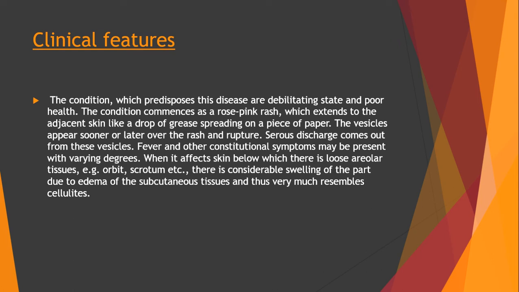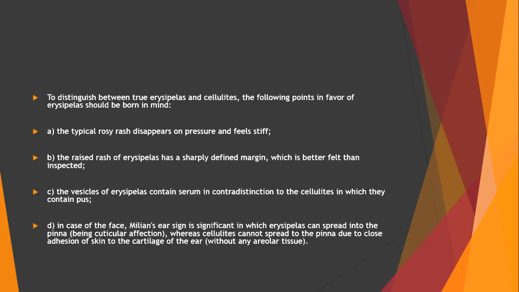When it affects skin below which there is loose areolar tissue, for example, the orbit, scrotum, etc., there is considerable swelling of the part due to edema of the subcutaneous tissues and thus it very much resembles cellulitis. To distinguish between true erysipelas and cellulitis, the following points in favor of erysipelas should be borne in mind.